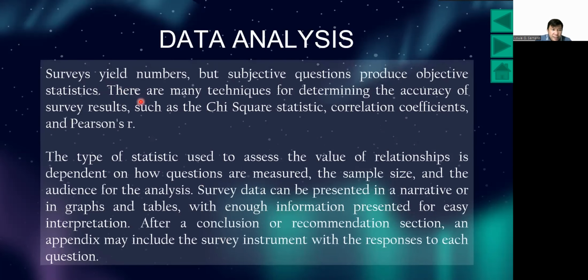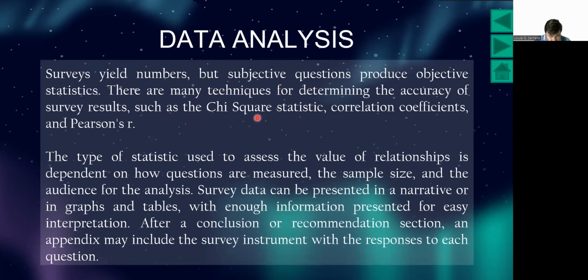Surveys yield numbers, but subjective questions produce objective statistics. There are many techniques for determining the accuracy of survey results, such as the chi-square statistic, correlation coefficient, and Pearson's, which can be calculated using a statistical software package.